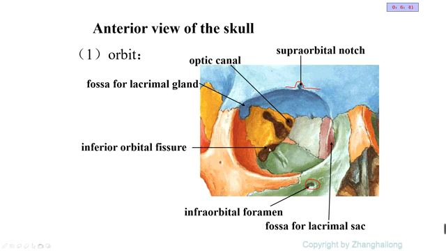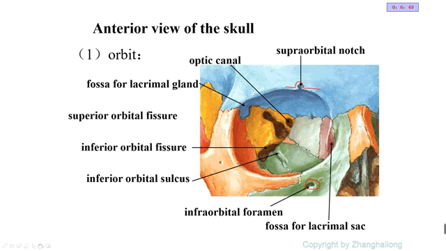Here, the inferior orbital fissure. Here, the superior orbital fissure. You see, the superior and inferior fissures are like the English letter V, open laterally. And different nerves, arteries and veins go out. Here the superior orbital artery, vein and nerve. Here the inferior orbital artery, vein and nerve.